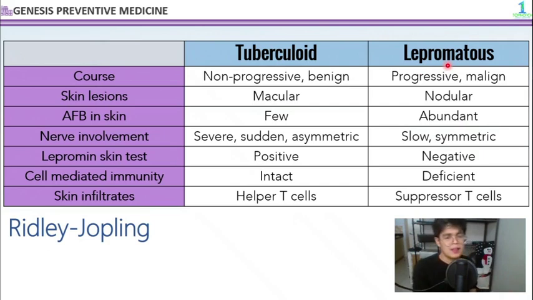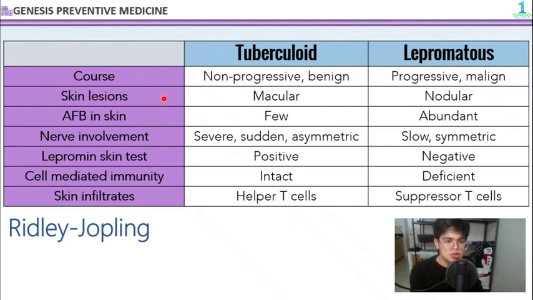Simply speaking, the more benign version of leprosy is the tuberculoid leprosy, and the more toxic version is the lepromatous leprosy. So this table outlines the differences between the two. Just try to imagine and explain each and every one with the idea of the tuberculoid being the more chill, the more relaxed, the more benign version, and lepromatous being the more toxic, malignant, progressive version.